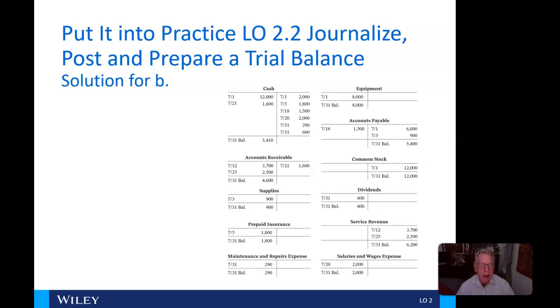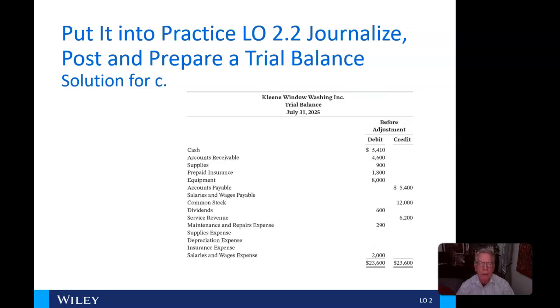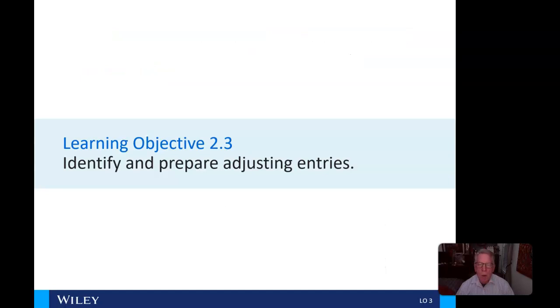And you have ending balances for all those accounts. Then those ending balances roll right into the unadjusted trial balance. And there they are. And of course, the debits equal the credits. We'll assume that they've all been correctly done. And now we're going to do our adjusting entries.